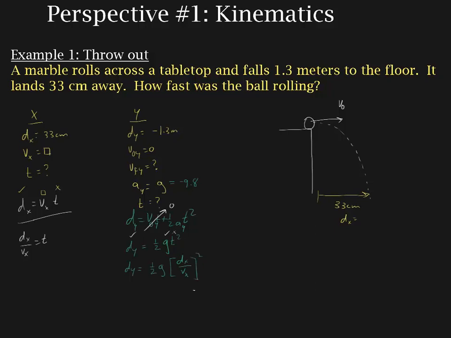Now we should be able to calculate what the speed of the ball was. Solving this for vx ultimately, 2 dy over g is equal to dx squared over vx squared.